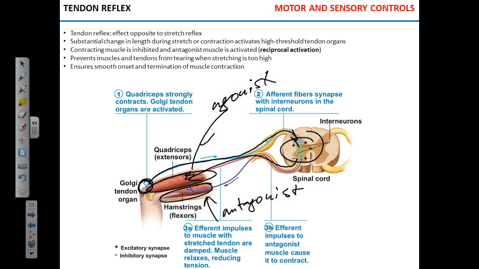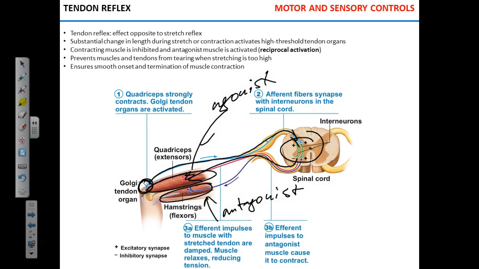Does that make sense? What's going to happen to the muscle? It's going to break. Do we want to contract the agonist muscle? We do not. So imagine there's a tension, okay? You're tendon, I'm muscle. What do you want the muscle to do to relieve the tension, that extreme tension? Relax. Does that make sense?